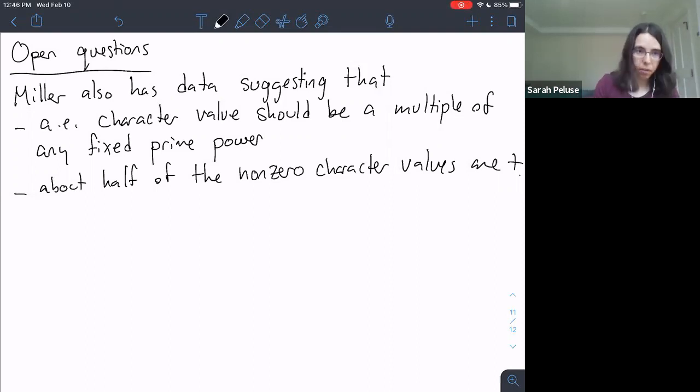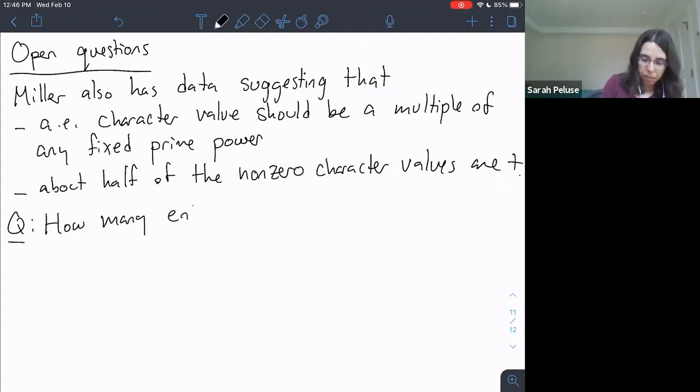And I think most interesting of all is the apparently much older, as I've heard from people, open question of just how many character values of a symmetric group are zero. Just how many in the character table are zero.